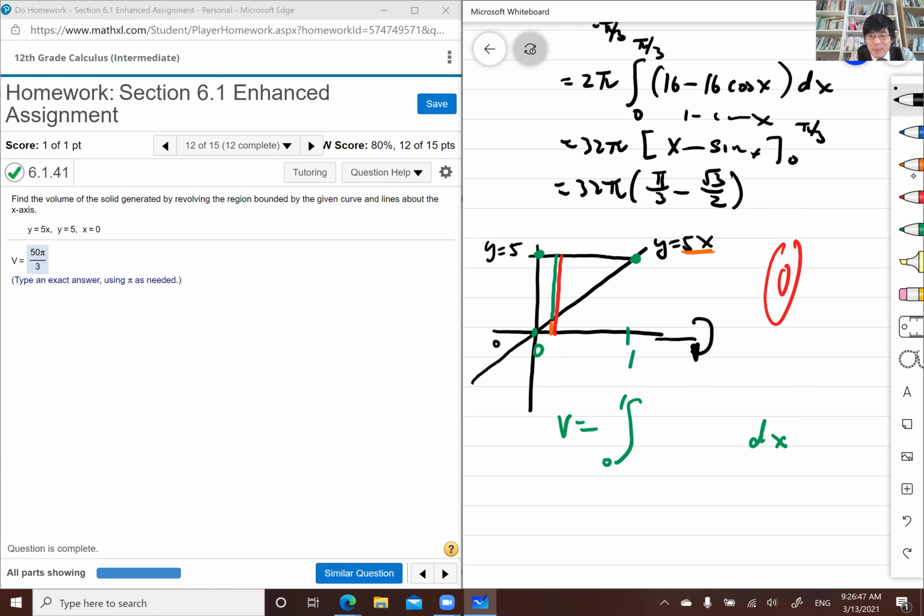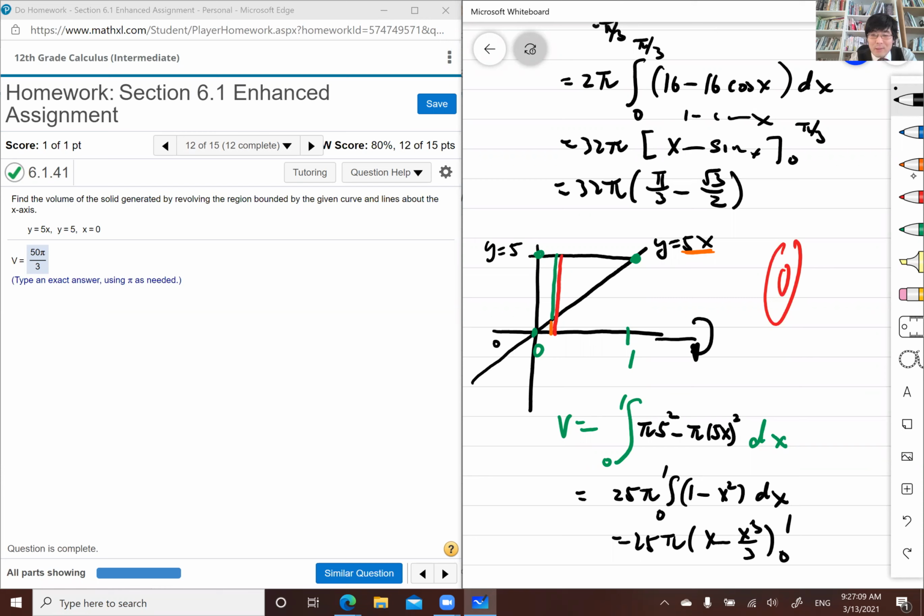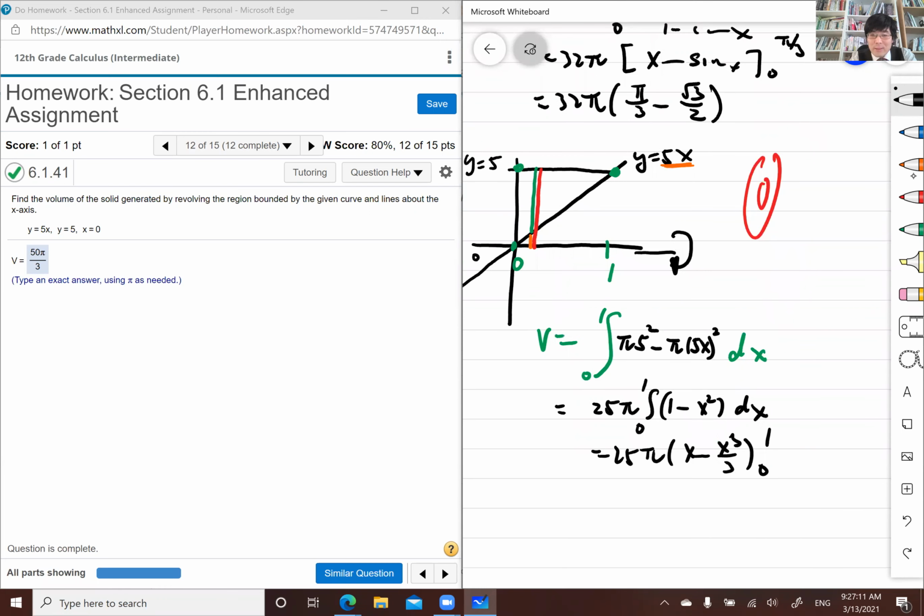So it will be pi times the bigger radius squared minus pi times the smaller radius squared. So you can put 25 pi out. It's going to be 1 minus x squared. And when you integrate this one, it's going to be x minus x cubed over 3. That's going to be 2/3. So the answer is 50 pi over 3.